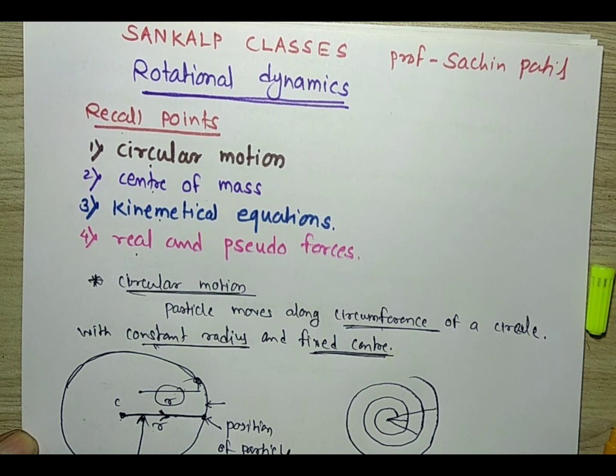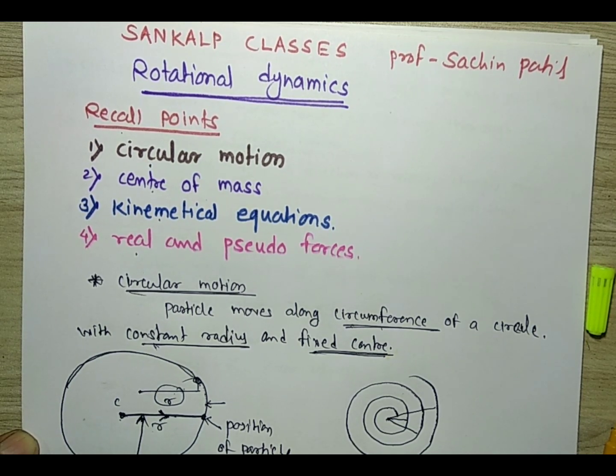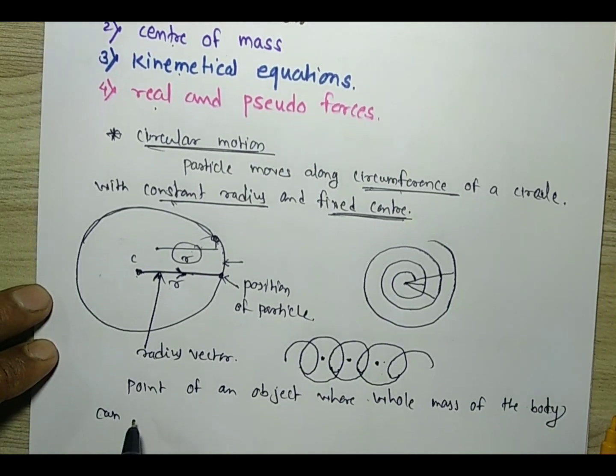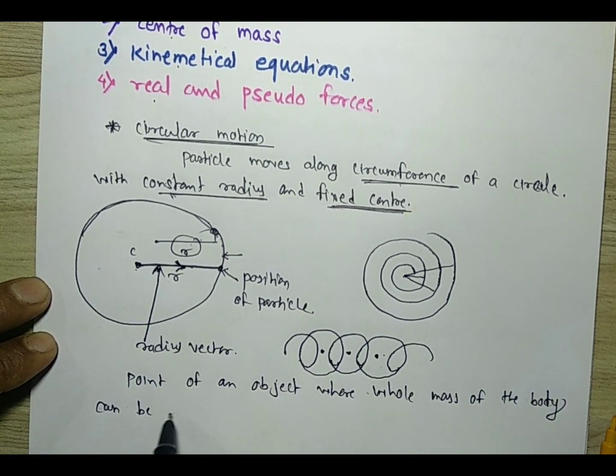Right now we are going with the center of mass. Center of mass is nothing but a point of an object where the whole mass of the body can be supposed to be concentrated.